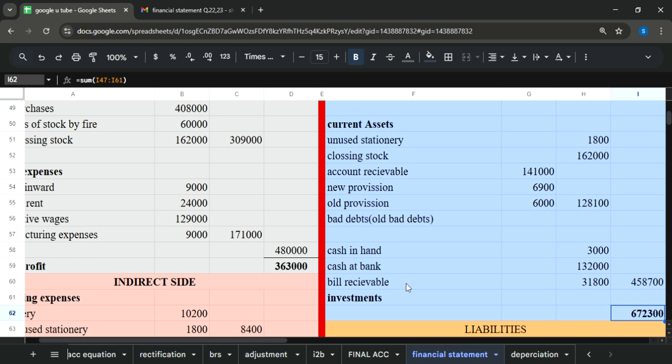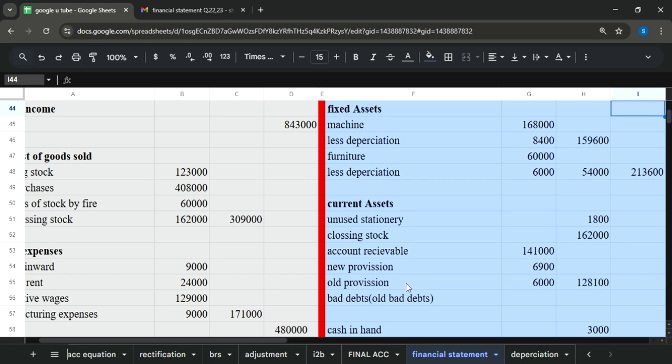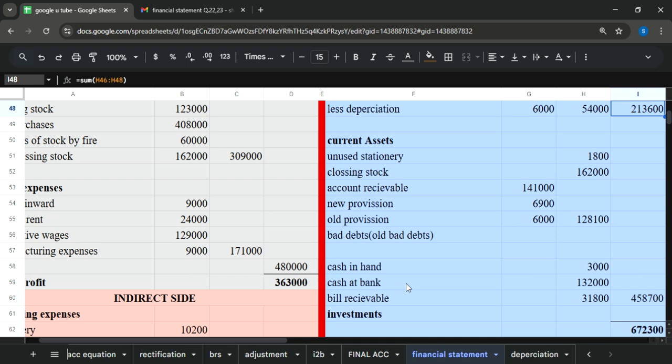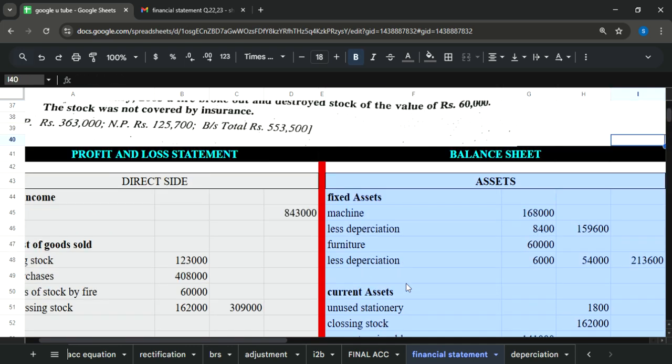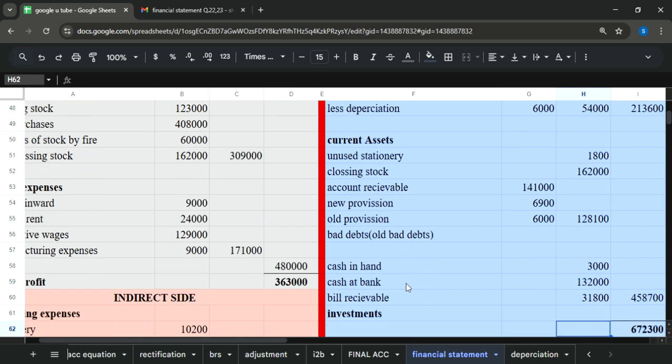Now we will be choosing fixed assets, which were present over here, 213. I think we need to look forward to this 154. Okay, 3000 was cash in hand and 13,200.